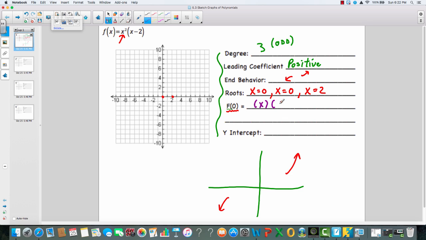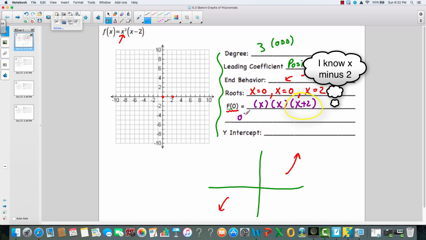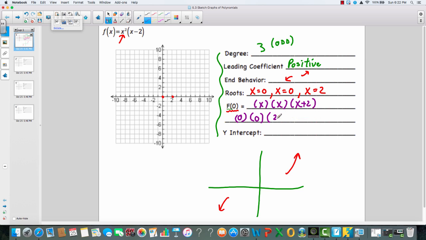X times x times x minus 2. If we plugged in 0 for that, we would have 0 times 0 times negative 2. That equals 0. So our y-intercept should be at 0. Okay, well that's one of our roots right here. That's where the y-intercept will be.